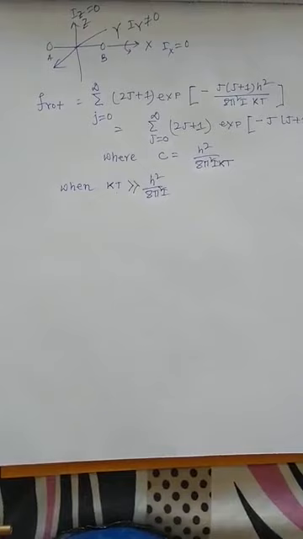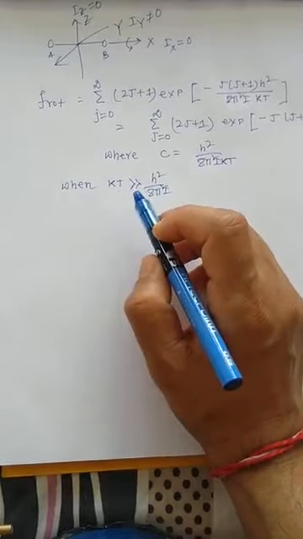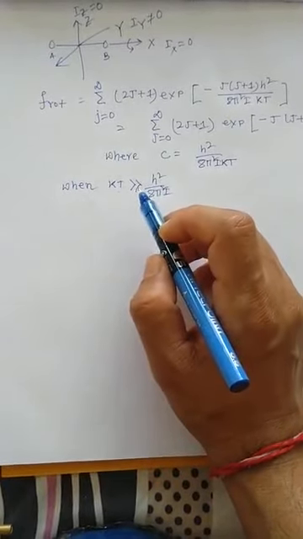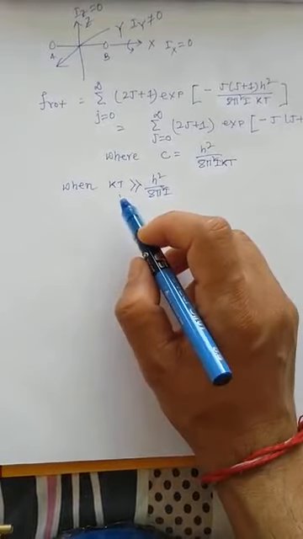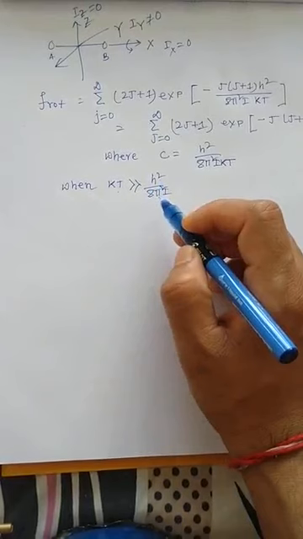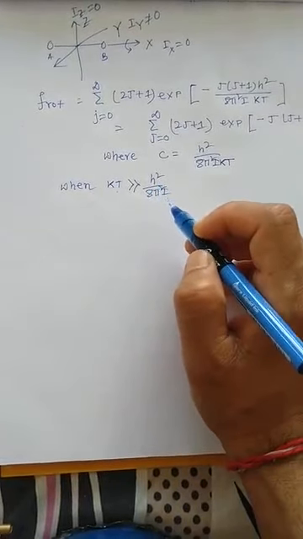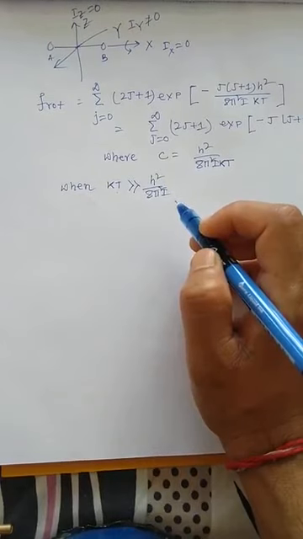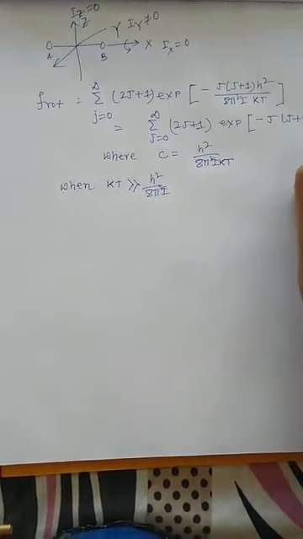The spacing between the neighboring rotational levels is much larger than that between the translational energy levels. What is kT? kT is the thermal energy, the difference between two successive thermal energy levels. If kT is very high in comparison to h²/8π²I, how can you say that?